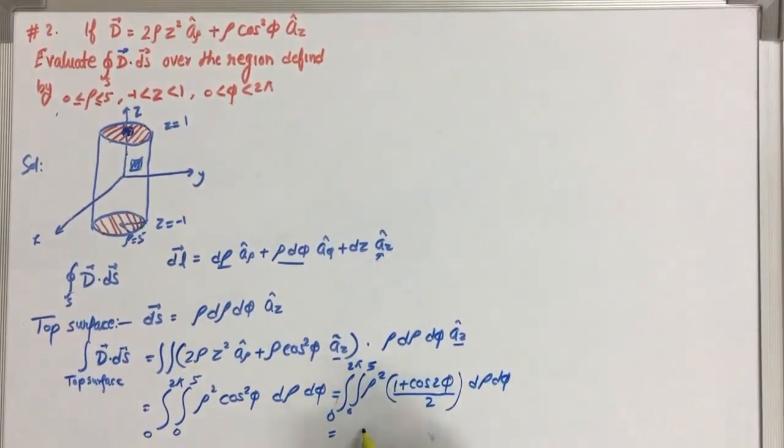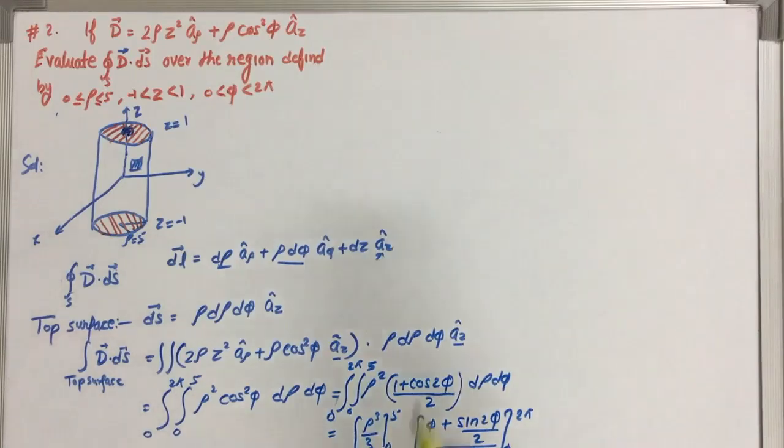Now it can be written as rho cube by 3 from 0 to 5, and the remaining thing, phi plus sin 2 phi by 2, divided by 2 from 0 to 2 pi.